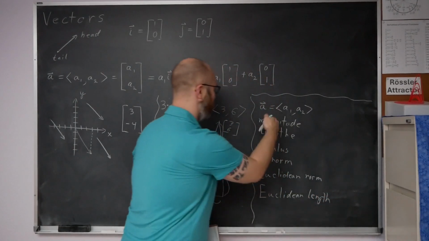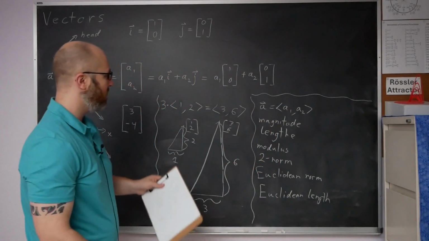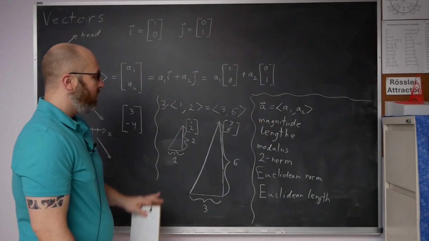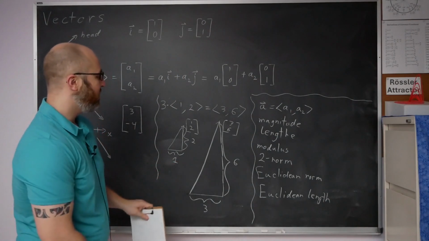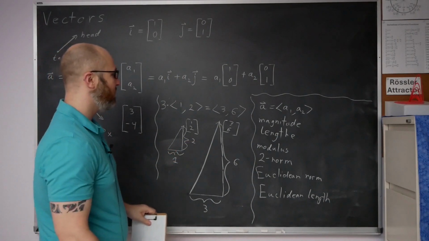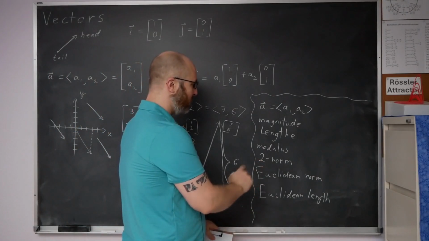Typically you see just magnitude or length. Modulus is a little more common. Euclidean is like Euclidean geometry, so you think flat space, triangles add to 180 degrees for their angles.